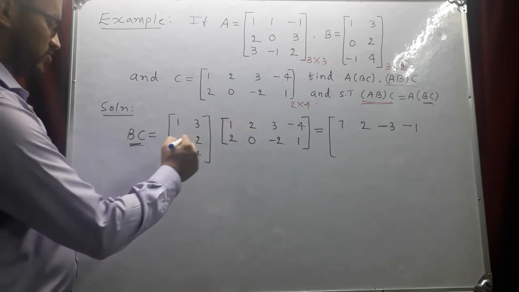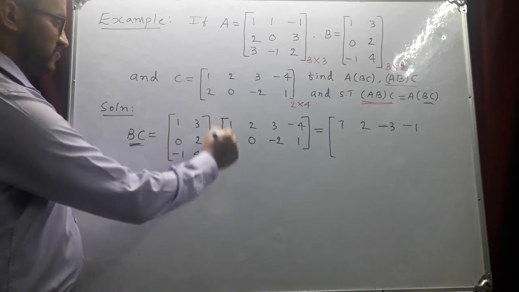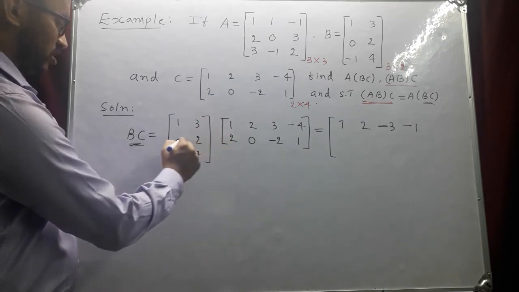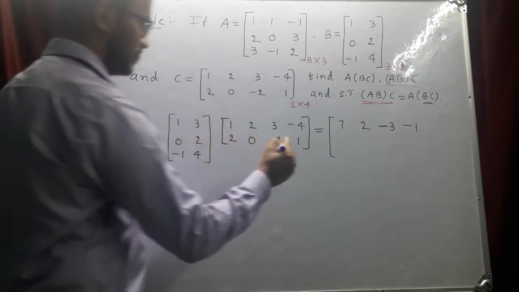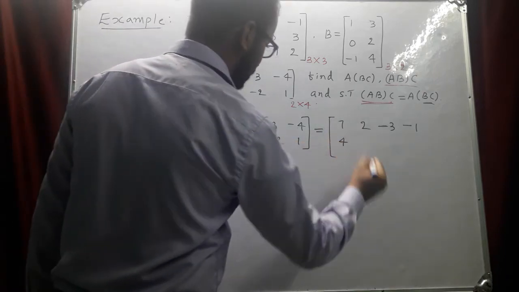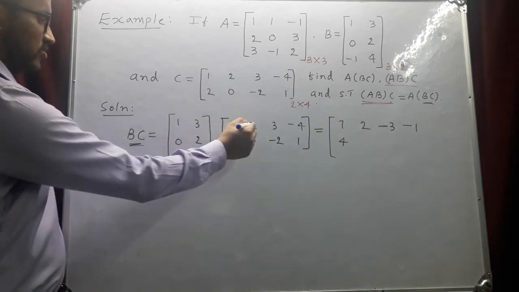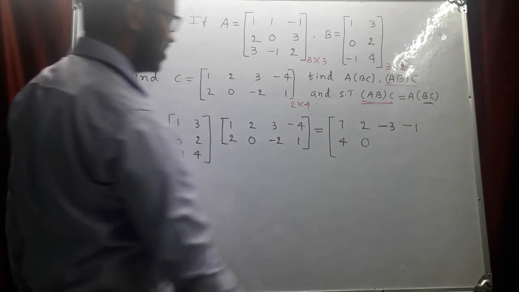To get the second row, we have to multiply the second row of the first matrix with different columns. Second row, first column, that is 0 into 1 plus 2 into 2, so we get 4. Second row, second column, 0 into 2 plus 2 into 0, so that is 0 plus 0.